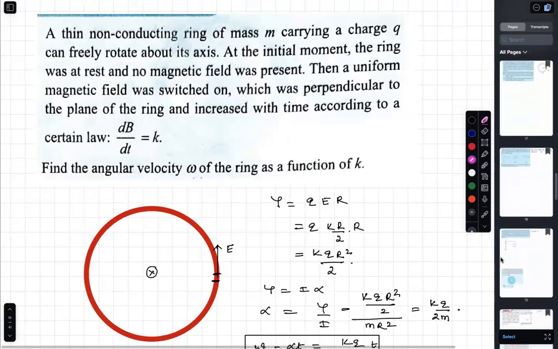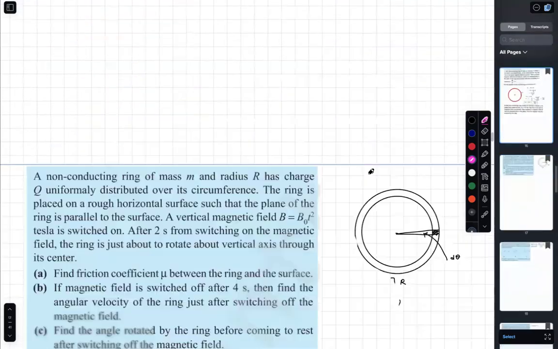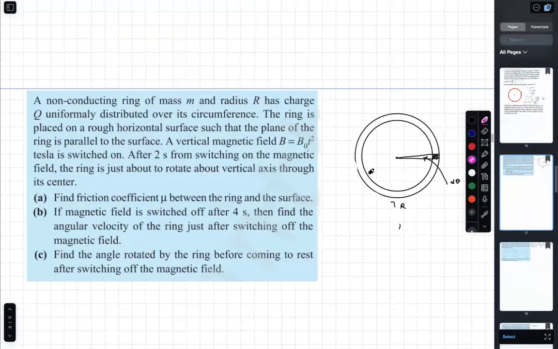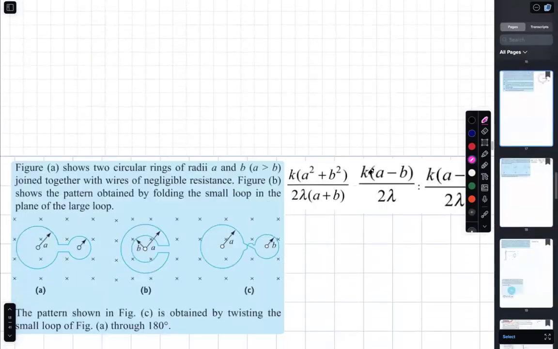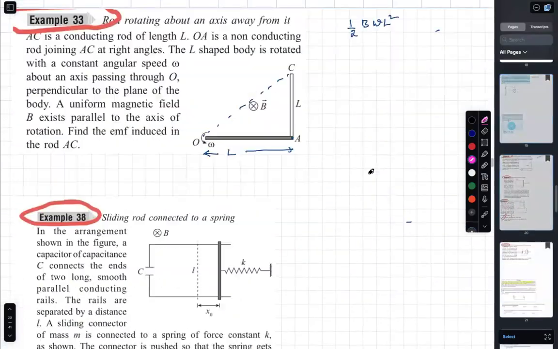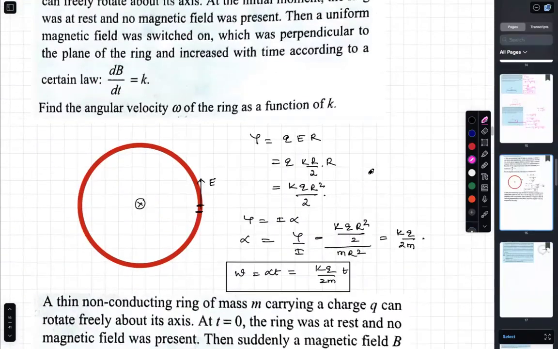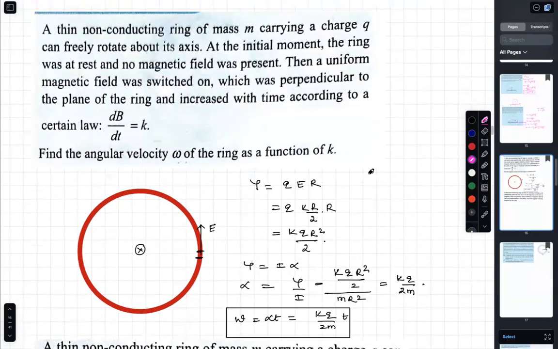Right. A very important question. This one is important in the sense that a lot of times people will ask this question. Let me just see whether this thin non-conducting ring... Just let me see.